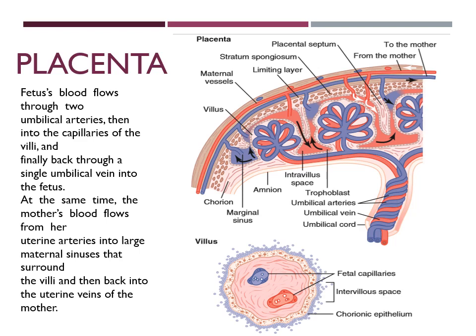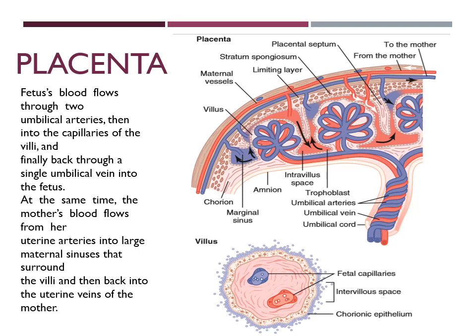But the main source of nutrients will be the placenta around the 8th week of gestation. So in the mature and developed placenta, the fetus's blood will flow through 2 umbilical arteries into capillaries of the villi.